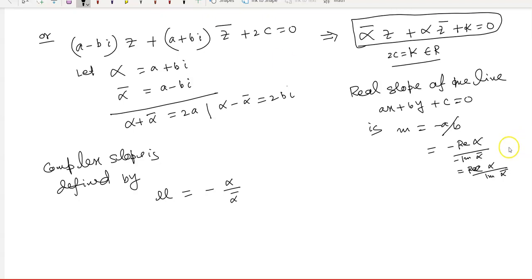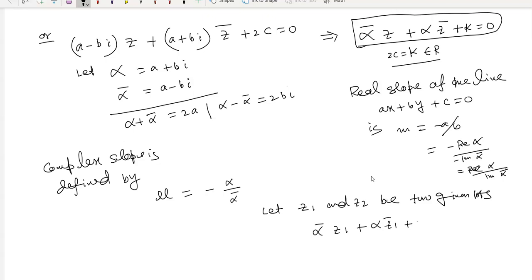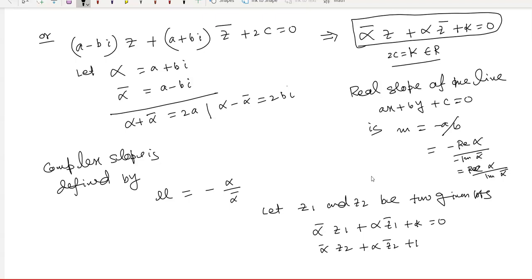Now what will be the slope of a line passing through two points? Let z1 and z2 be two given points on the line, then alpha bar z1 plus alpha z1 bar plus K will be equal to 0, and alpha bar z2 plus alpha z2 bar plus K equal to 0.